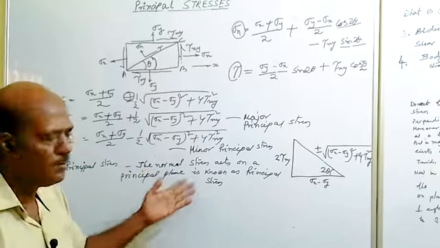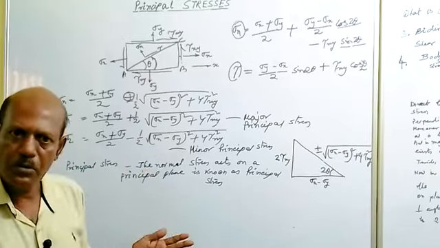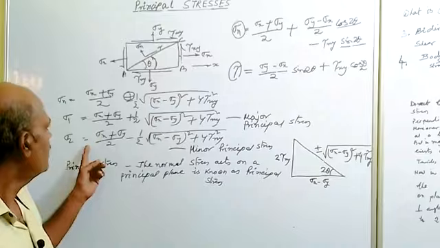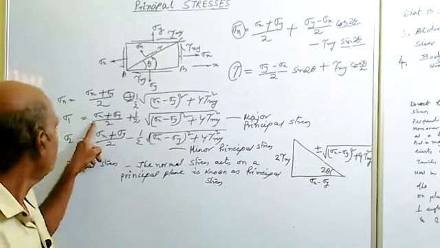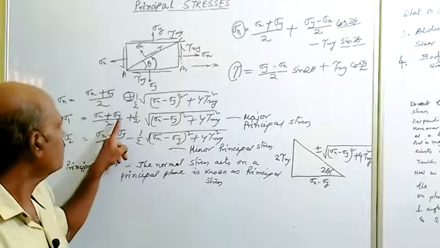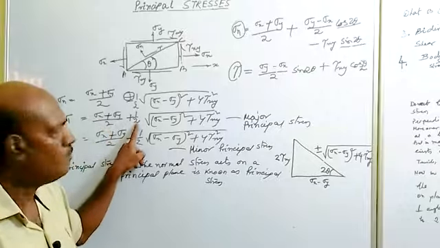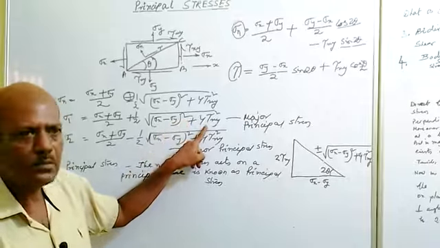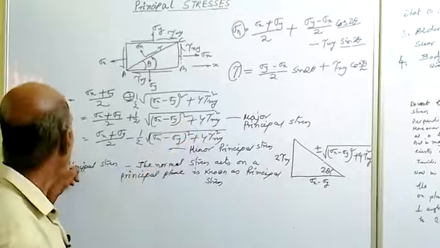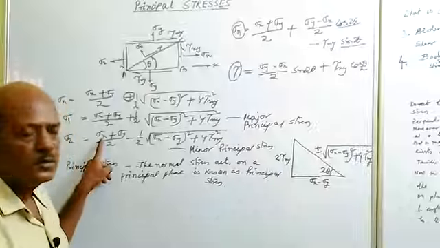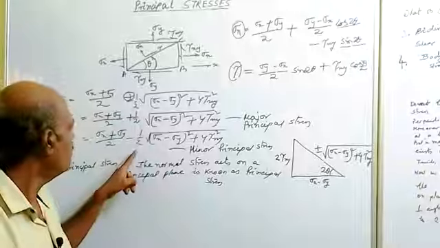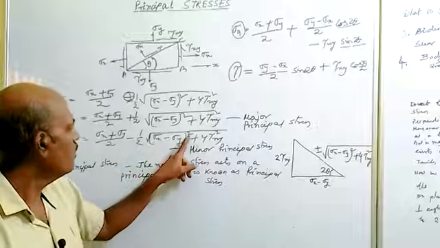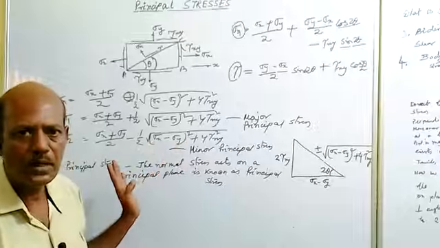But in two-dimensional cases, we will get two principal stresses, that is sigma 1 and sigma 2, and the value is given by sigma 1 is equal to sigma x plus sigma y by 2 plus half square root of sigma x minus sigma y whole square plus 4 tau square xy, and sigma 2 becomes sigma x plus sigma y by 2 minus half square root of sigma x minus sigma y whole square plus 4 tau square xy.